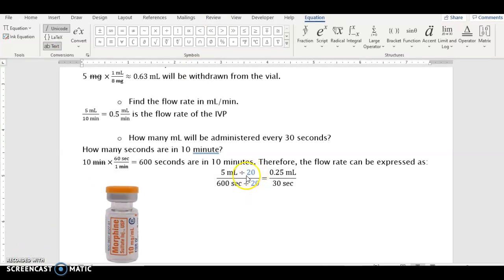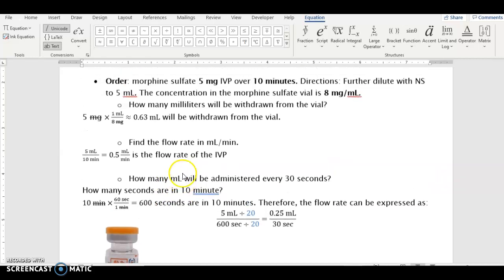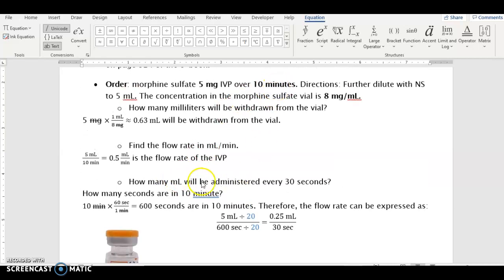So you might be asking, what was the point of dividing by 20? If we want to know how many milliliters to administer every 30 seconds, we figure out how many 30-second segments are in 600 seconds. It's easier to convert 10 minutes into seconds.